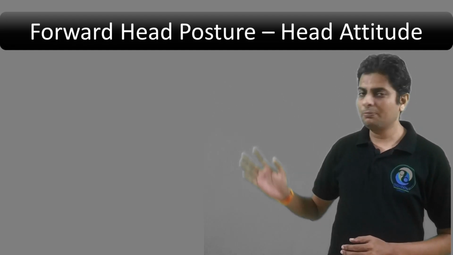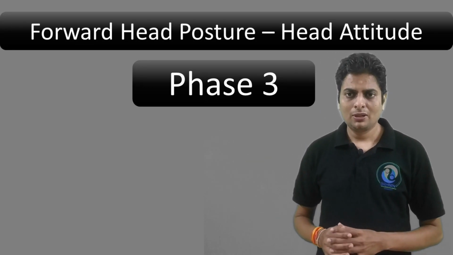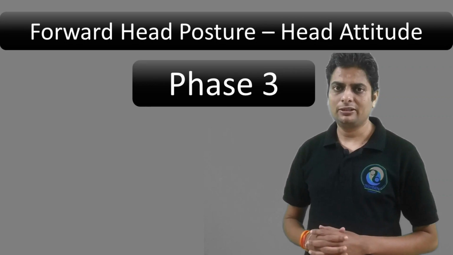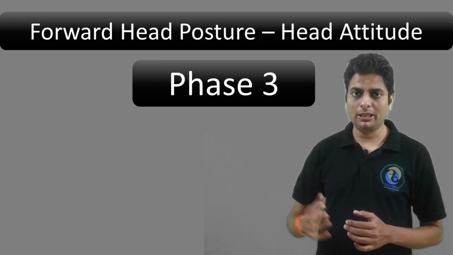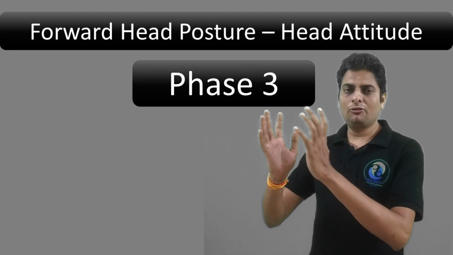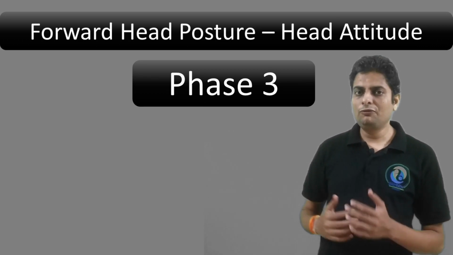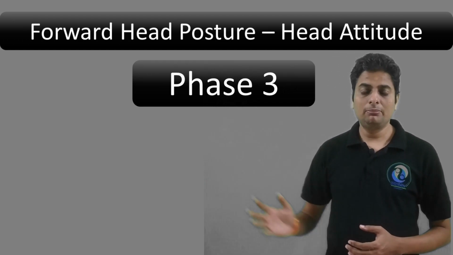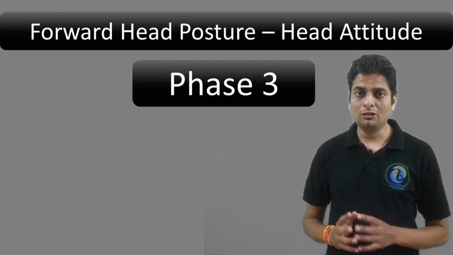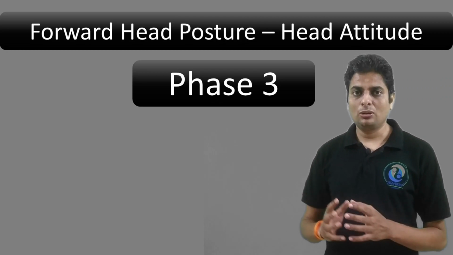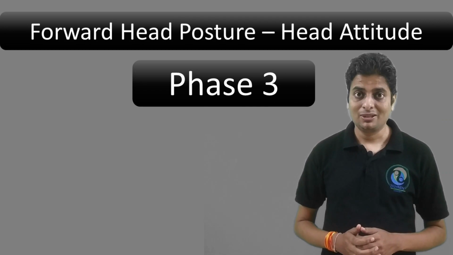After these adaptive changes, in the third stage, due to the forward shift of the head, the stability mechanism of the head over the thorax gets compromised, as the weight of the head is now increased tremendously. So the natural physiological stability mechanism now becomes inefficient. To compensate, the pectoral girdle or shoulder girdle is now involved in the head stability mechanism.